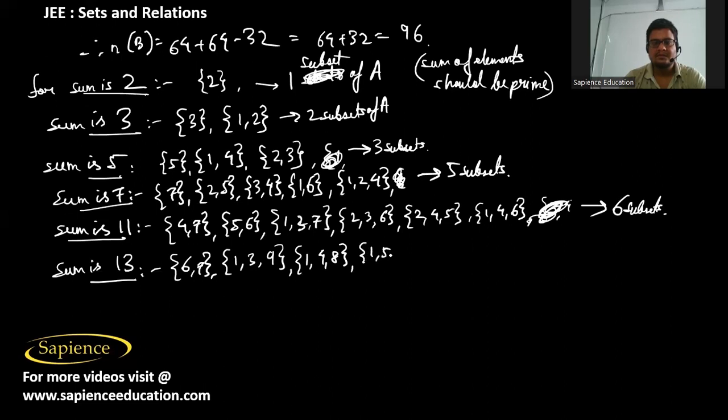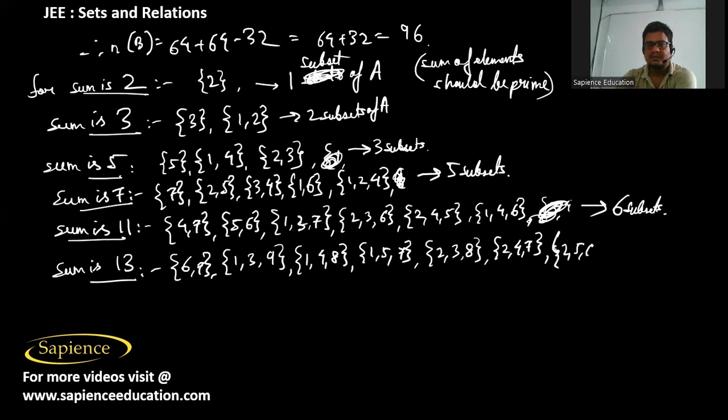Then 1, 5, and 7 we can take. And then 2, 3, and 8 we can take. Then 2, 4, and 7 we can take. Then 2, 5 and 6 we can take.